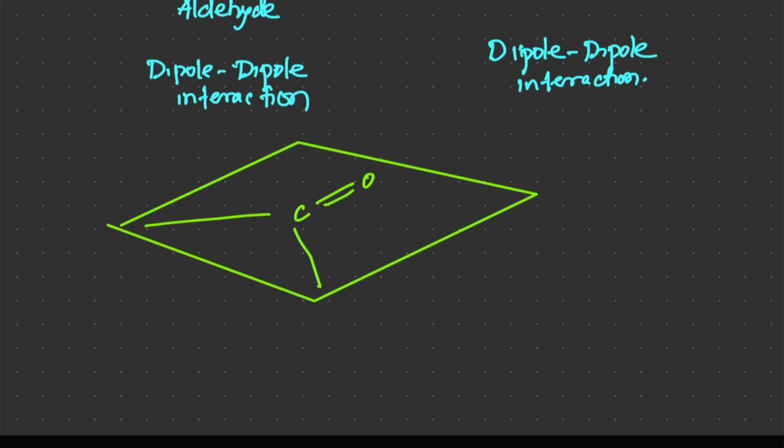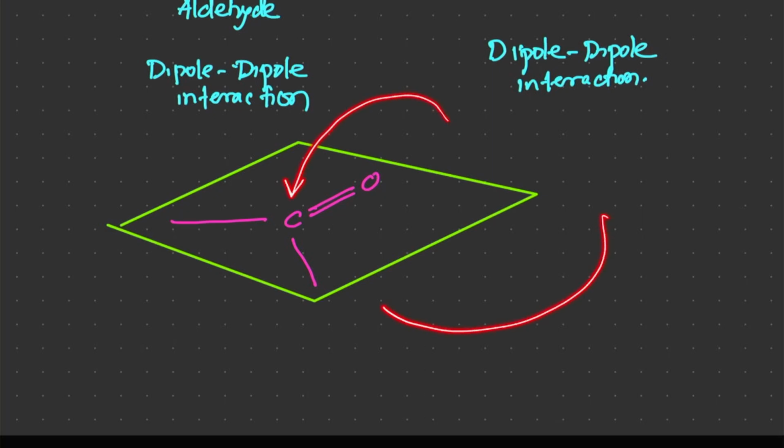This is important because when you later learn reactions, the nucleophile attacking this particular bond could approach from the top or from the bottom. So that's a major stereochemical implication. Your nucleophile can approach from either side.